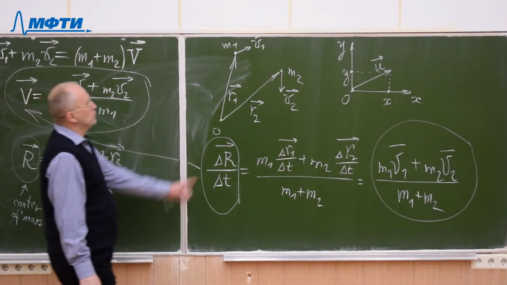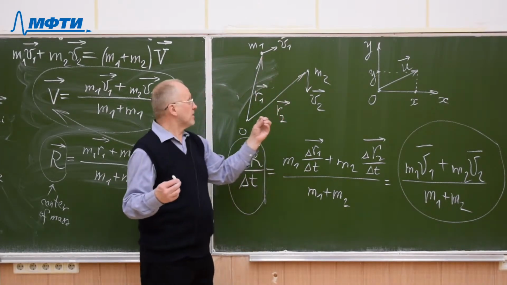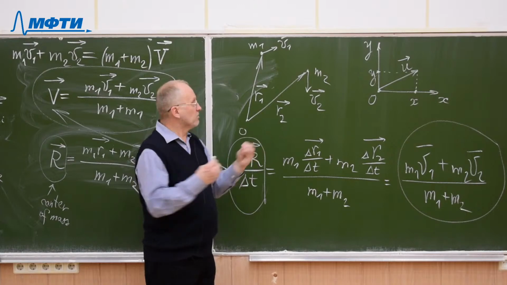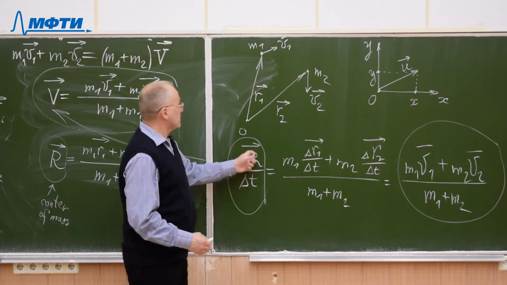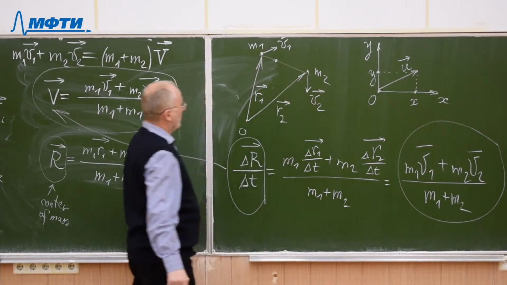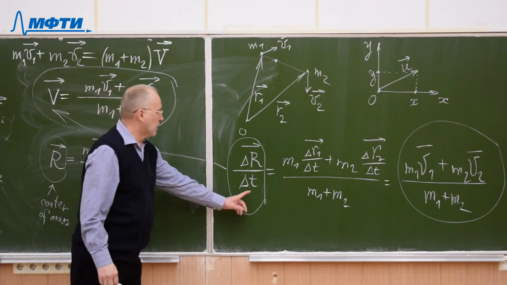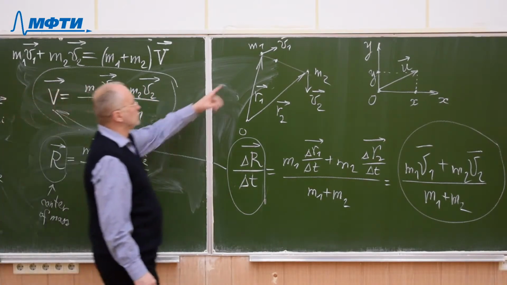But the two particles considered here have not stuck together. They are separate. But the velocity of their center of mass, which must be somewhere here, coincides with the velocity of the compound particle in case these two particles stick together.